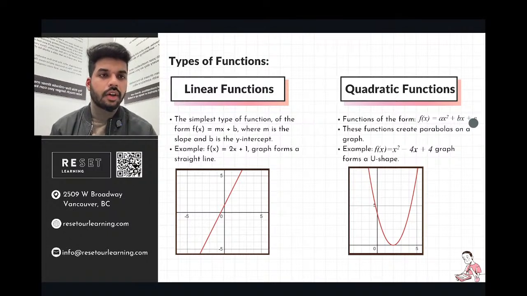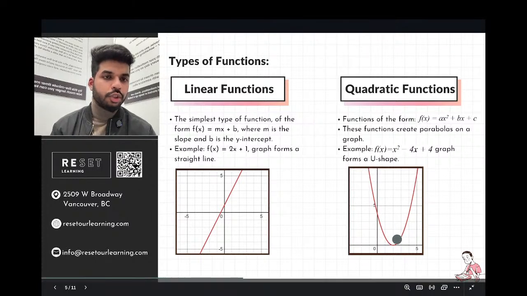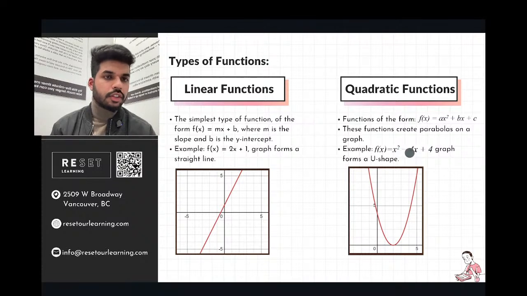Quadratic functions usually involve an x squared term, and the graph looks like a parabola. This shape is called a parabola. It's a U shape, and it's always of the form a x squared plus b x plus c. Again, this is called degree. In the linear case, the degree of this function is 1.